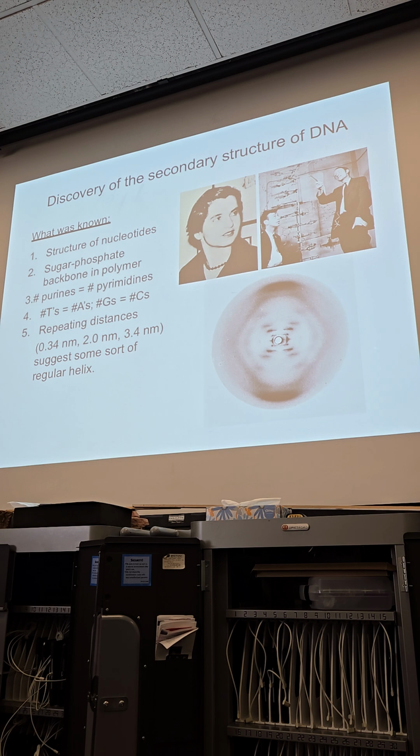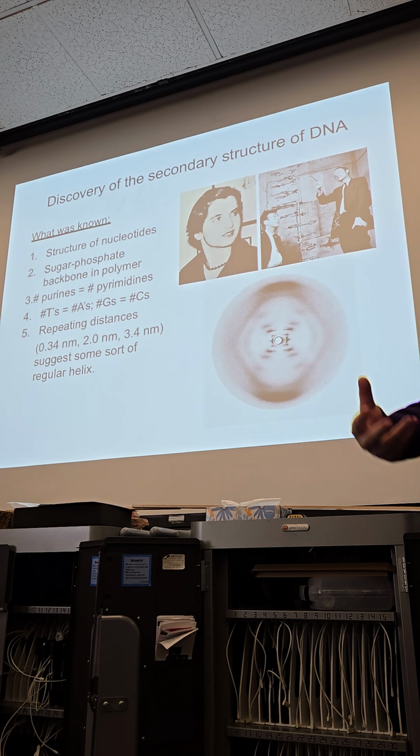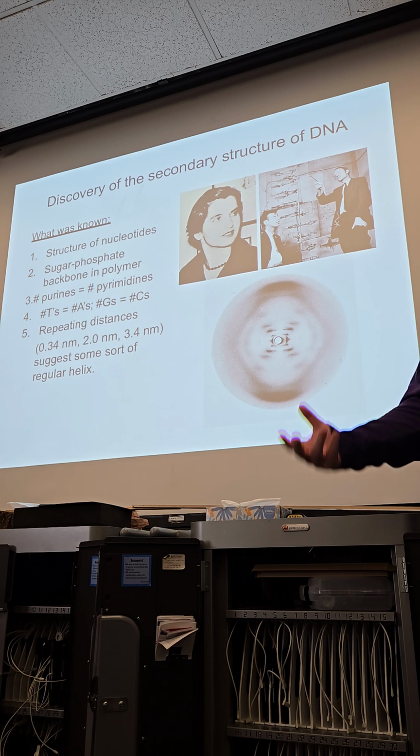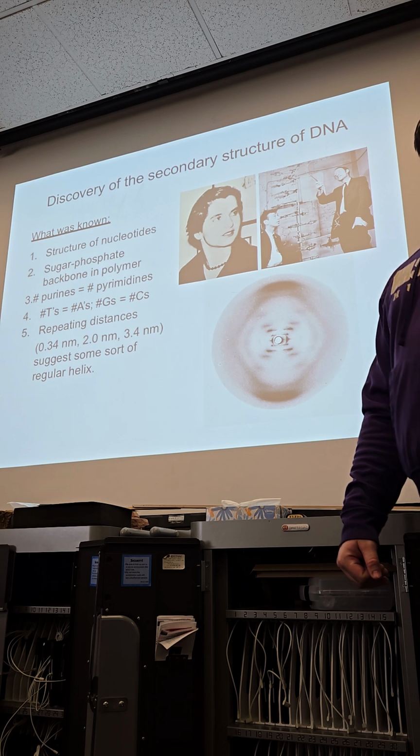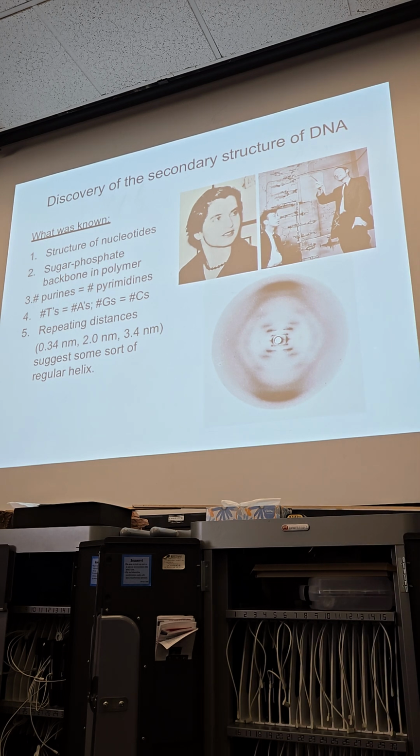They knew the structure and how it worked, but they couldn't figure out the actual three-dimensional structure. Every time they tried X-ray crystallography, they would put it in some sort of crystalline structure in an organic solvent, because that's everything they knew. Well, what did Rosalind Franklin do? She put it in water. When she put it in water, it formed this beautiful helix.